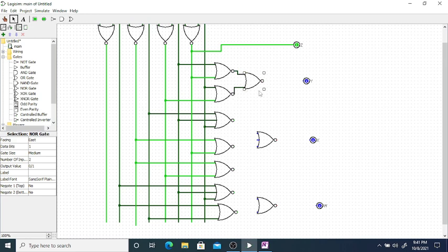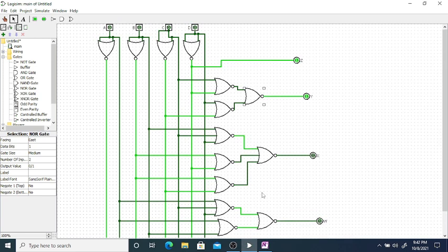This NOR gate will provide us the AND gate operation over here. So we will connect this to W.